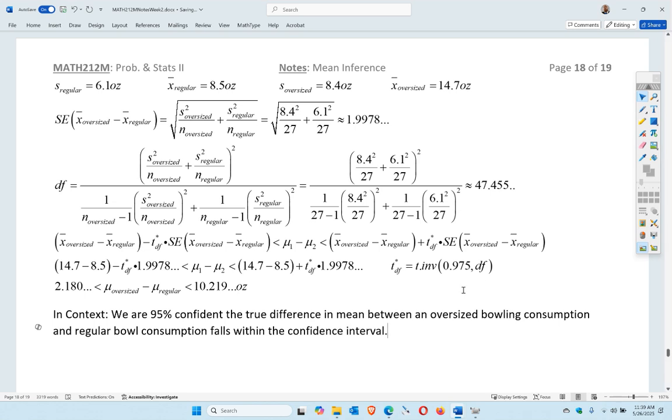So we're 95% sure the true mean of the difference between people who get a regular size bowl versus oversized is in there, which means there is a difference, it looks like, between 2 and 10 ounces. You're going to consume more on the regular one.